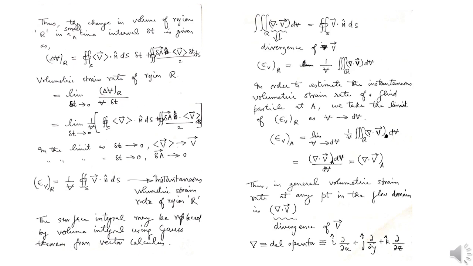So my volumetric strain rate of the material region R can be equivalently written as 1 over the size of the region, times the integral over the volume of del dot V.